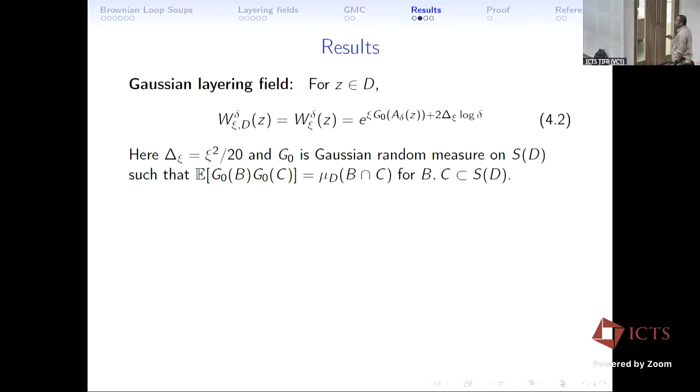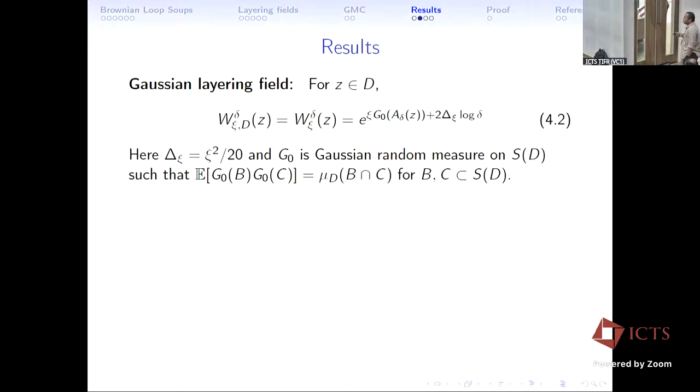For the next result, I need this notation and terminology. I define something called W_delta^psi, where G_0 is a Gaussian random measure on the space of simple loops, having the covariance like this. Recall that mu_D is the measure which was discovered by Werner.